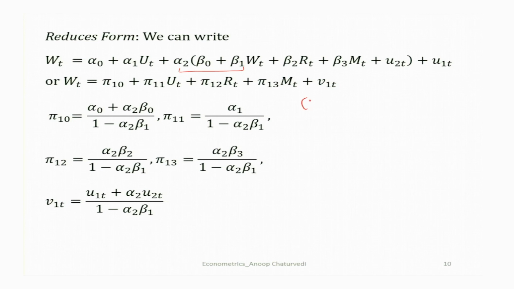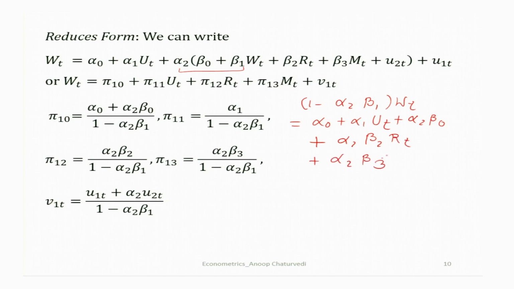So, you get 1 minus alpha 2 beta 1 times W t equal to alpha naught plus alpha 1 u t plus alpha 2 beta naught plus alpha 2 beta 2 r t plus alpha 2 beta 3 m t plus alpha 2 u 2 t plus u 1 t, and then we solve this equation for W t.